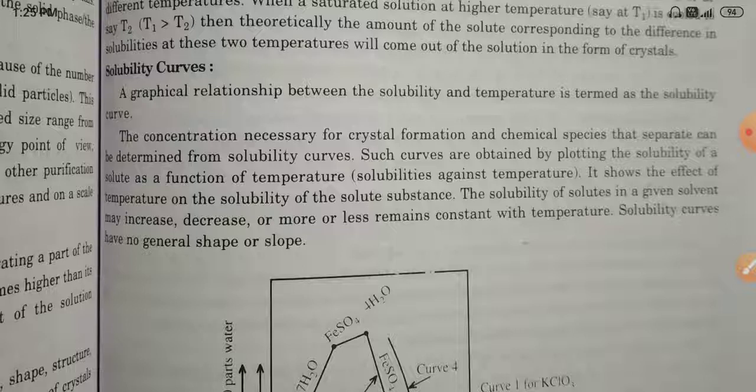Such curves are obtained by plotting the solubility of a solute as a function of temperature. The solubility of a solute in a given solvent may increase, decrease, or remain more or less constant with temperature. Solubility curves have no general shape or slope.